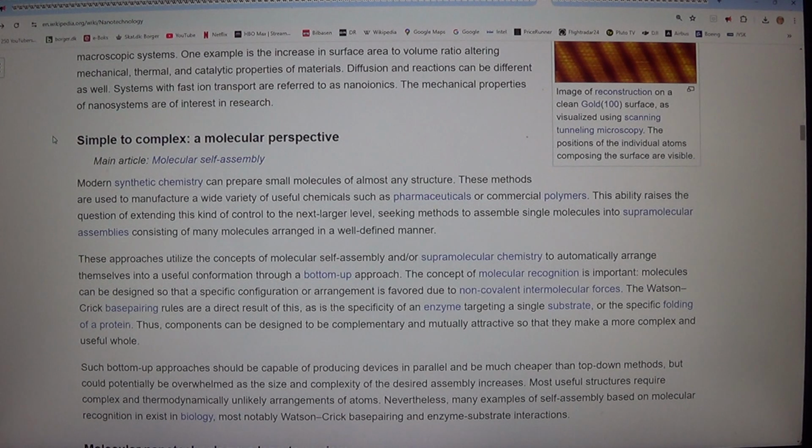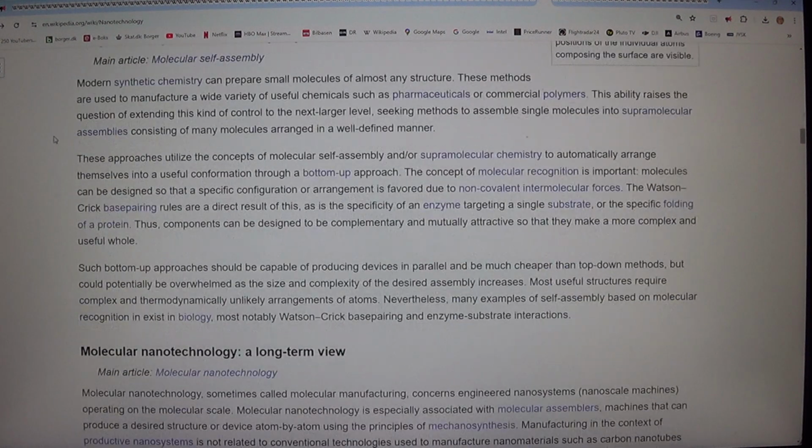Main article, molecular self-assembly. Modern synthetic chemistry can prepare small molecules of almost any structure. These methods are used to manufacture a wide variety of useful chemicals such as pharmaceuticals or commercial polymers.